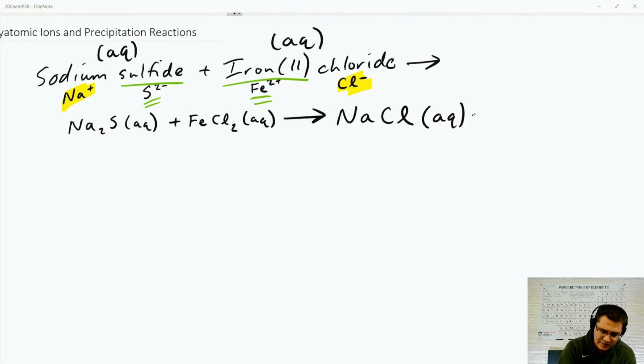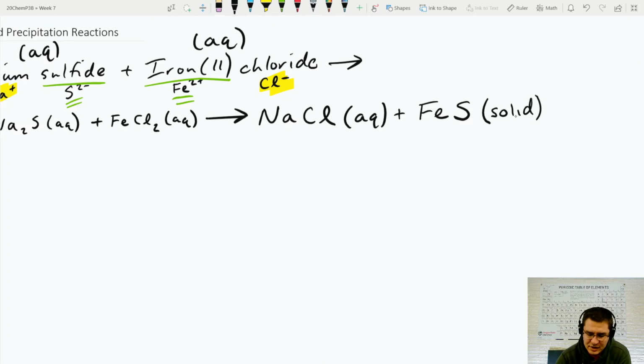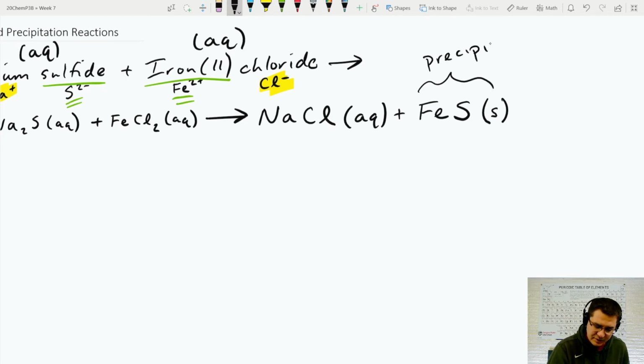So let me throw that in here, plus, and they're also going to combine in a 1-to-1 ratio because their charges are opposite. This forms a solid. Now, this solid is called a precipitate, and usually instead of writing the whole word, we're just going to put an s next to it. And I'm going to note that this is a precipitate. So you're going to see a chunky solid.